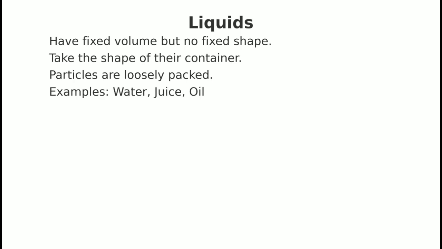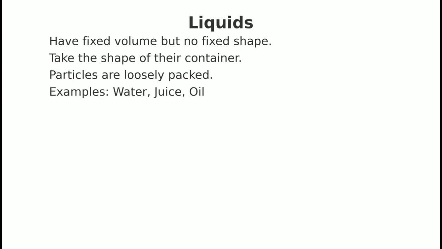As you can see on the diagram on the left-hand side, the particles are loosely packed. For example, if we measure one cup of water, its volume will be the same, but if we pour it into a glass, it will take the shape of the glass.